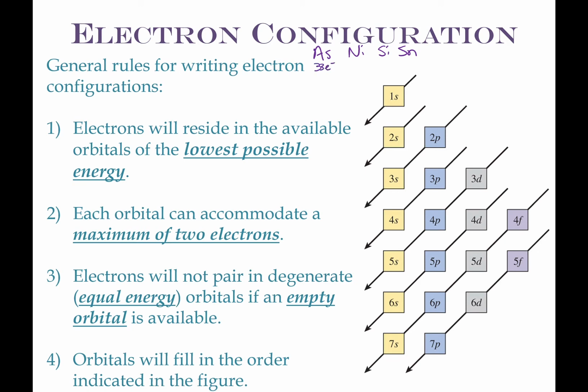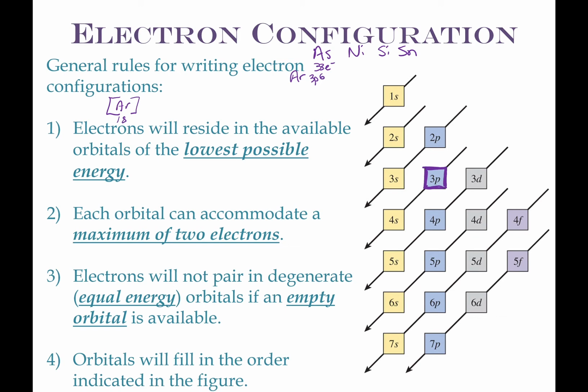If I go back to the previous p6, it's argon. So argon ends in 3p6. So I can find 3p6 on my diagonal rule. I can put argon in brackets. I know that accounts for 18 of the 33 electrons I need.